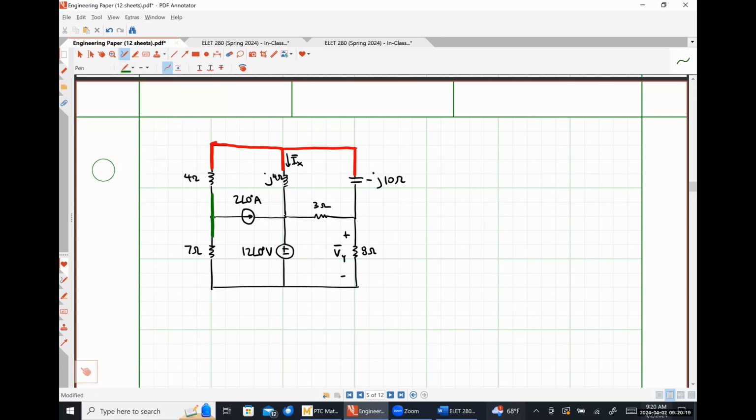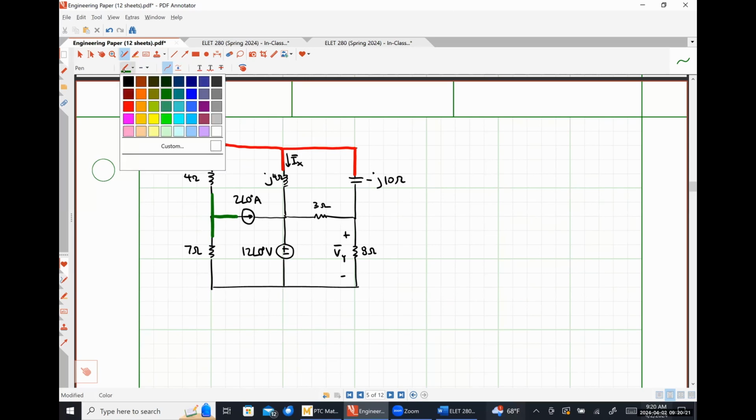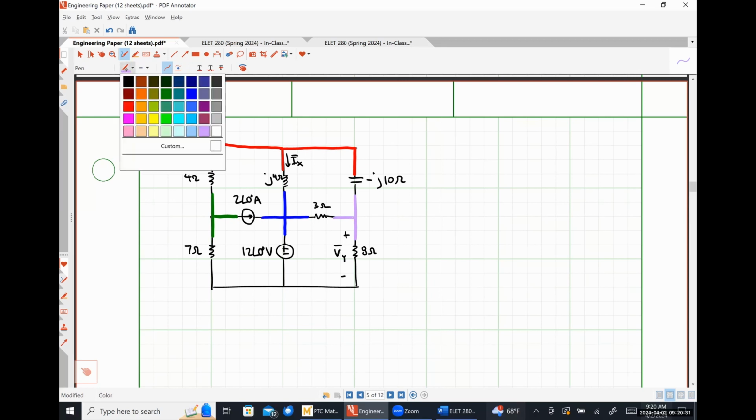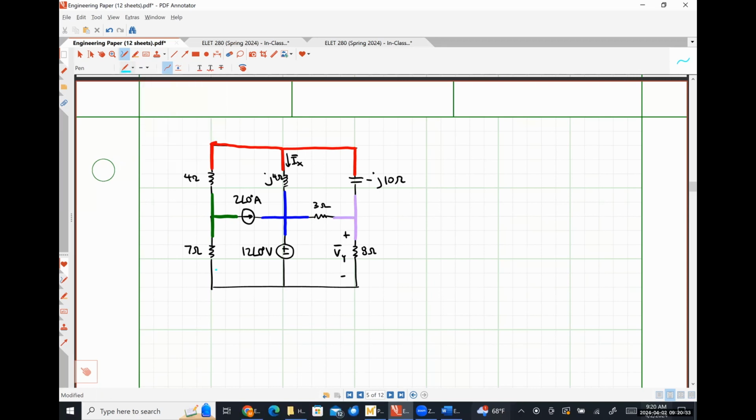I've got a node right here. I've got a node right here. I've got a node right here. And I've got a node down here. So I have 5 nodes, one of which will be my reference.